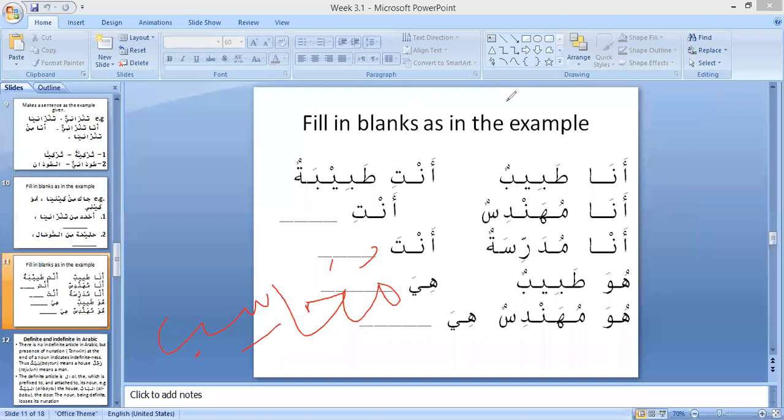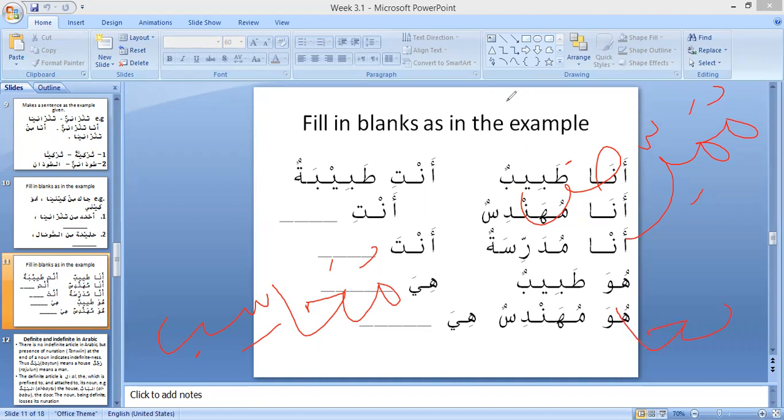So طيار, طيارة, محاسب, محاسبة. You can say ممرض. ممرض is a nurse. What is a female nurse then? ممرضة. You say ممرض for a male, ممرضة for a female. Then there's نجار.